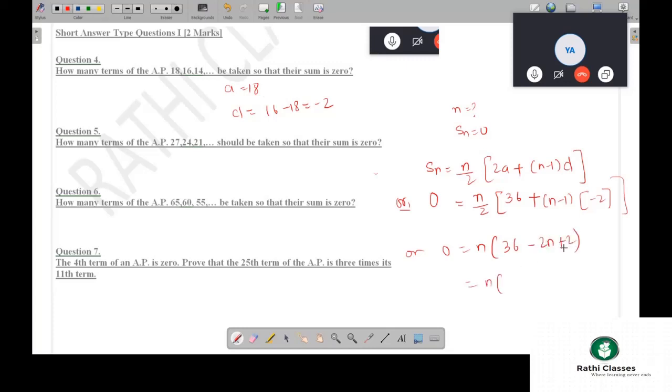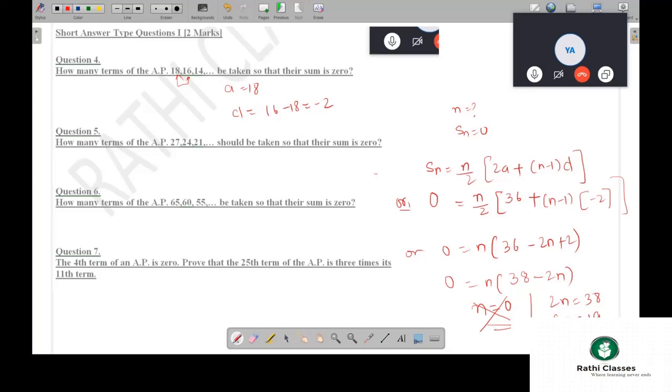And 36 plus 2 is 38 minus 2n. You will say either n equals 0 or 2n equals 38, n equals 19. Now, can n equal 0? Because you are seeing the terms over here, n equals 0 is not a solution. So the answer is 19 terms.